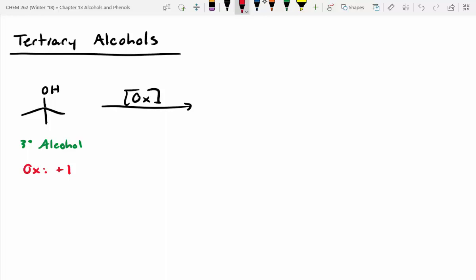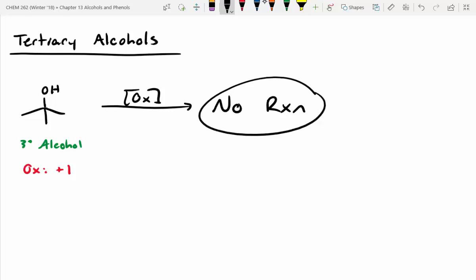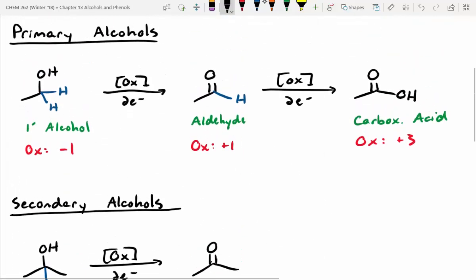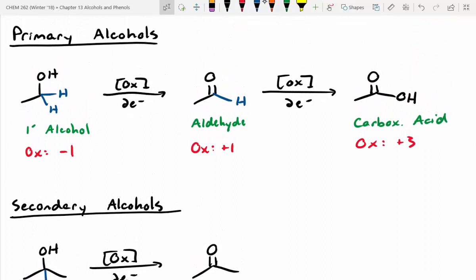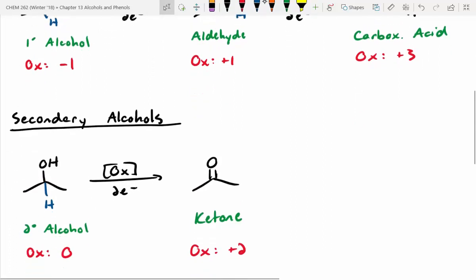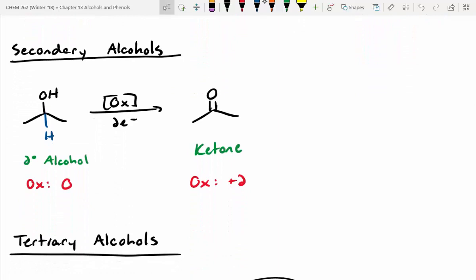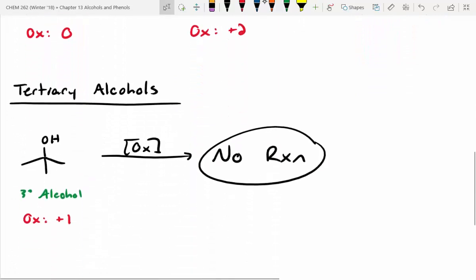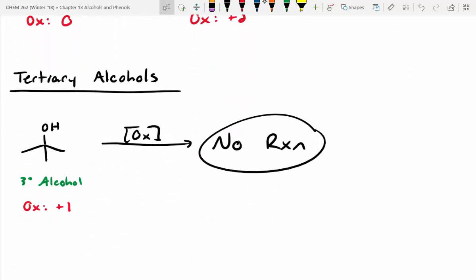Trick question, right? No reaction. We don't have any of those blue hydrogens to lose, so this will just stare at your oxidant and wonder why you're trying it. All right? So this is important to remember. Primary alcohols you can convert to an aldehyde or a carboxylic acid. Secondary alcohols you can only convert to a ketone. And tertiary alcohols don't do a dang thing. They just sit there. It's important to remember that.